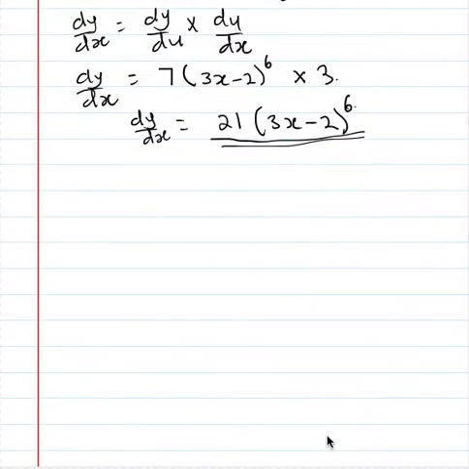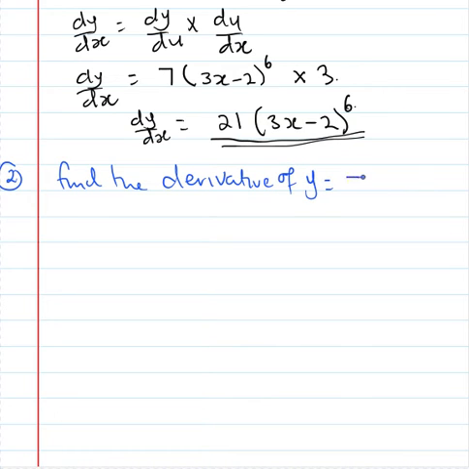Let's continue with another question, applying the chain rule. Question 2: find the derivative of y equals 2 over (3x squared plus 1) all to the power of 5.